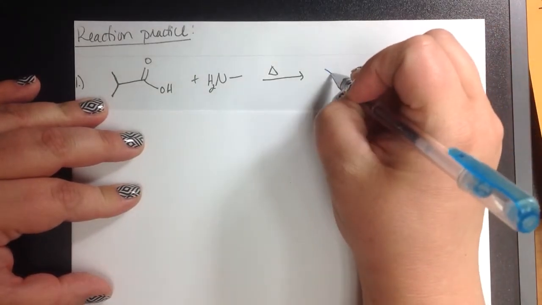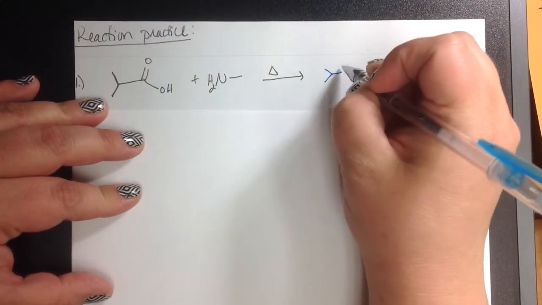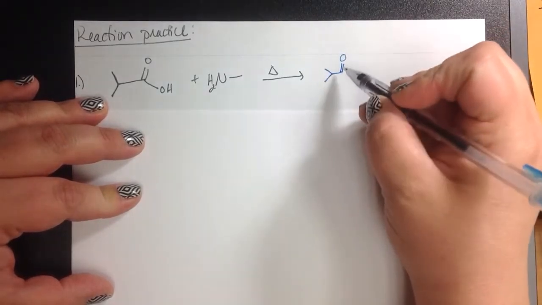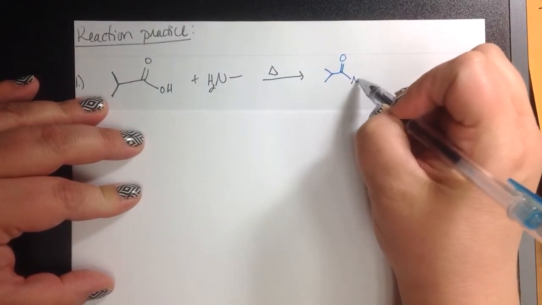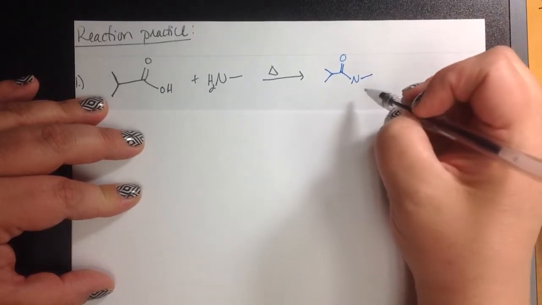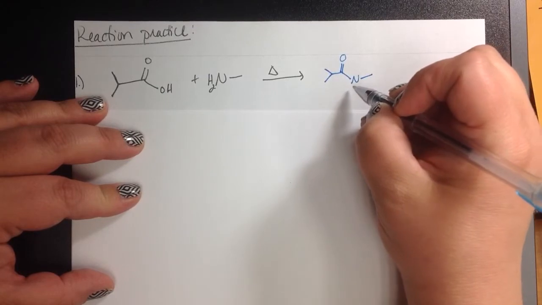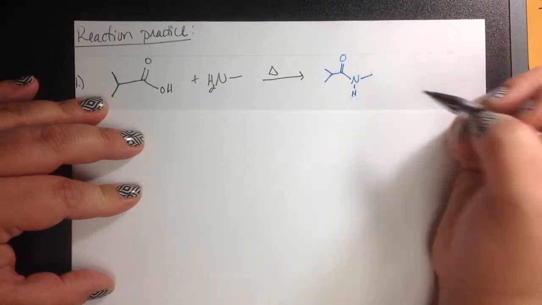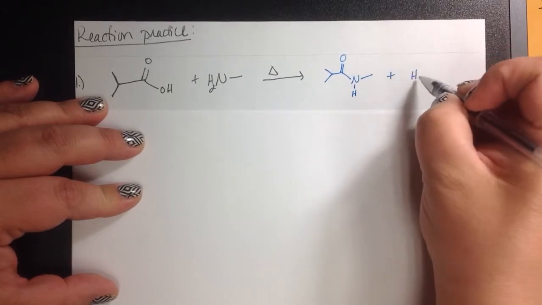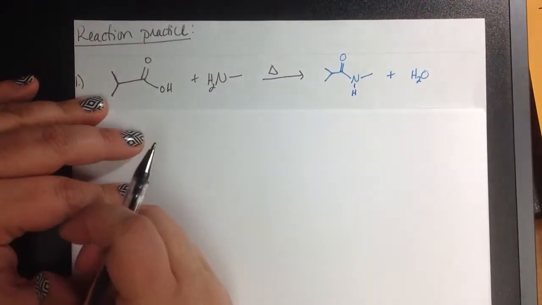So the product here should be an amide. This does not change. There is, however, a nitrogen there that's connected to a carbon. Nitrogen has 3 bonds. That means that the hydrogen is still there. Okay. You also get water from this.